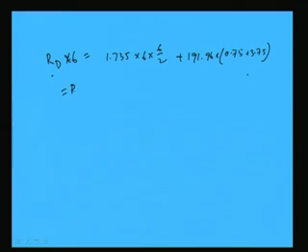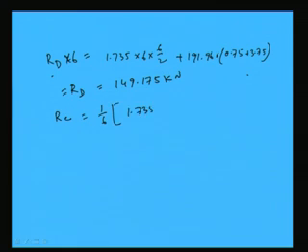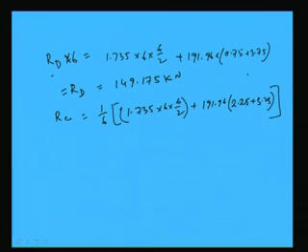So, from this I can find out RD, RD value will become 149.175 kilonewton, right. And similarly, RC I can find out now. If I take moment about D, we can find out RC, which will become 1 by 6, in a similar way, 1.735 into 6 into 6 by 2 plus 191.96 into 2.25, and the other will be 5.25 from D point.